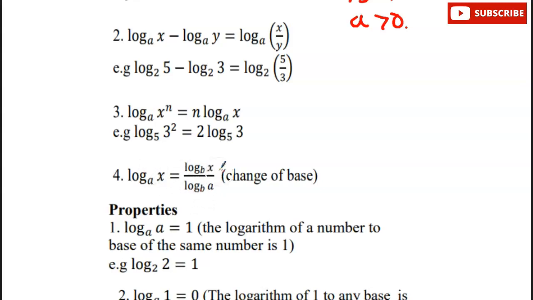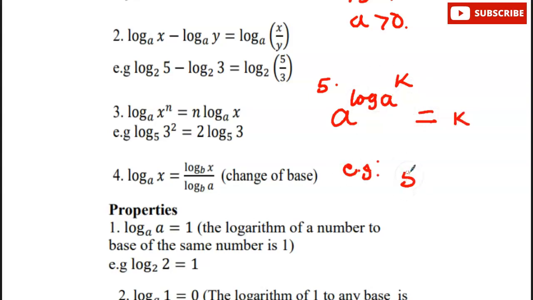So that is it. There is a fifth law that is not here, and it states a raised to the power log to the base a, let's say k. Now if you have something like this, the answer is k. Example, 5 raised to the power log to the base 5 of x, and this is the same as x.